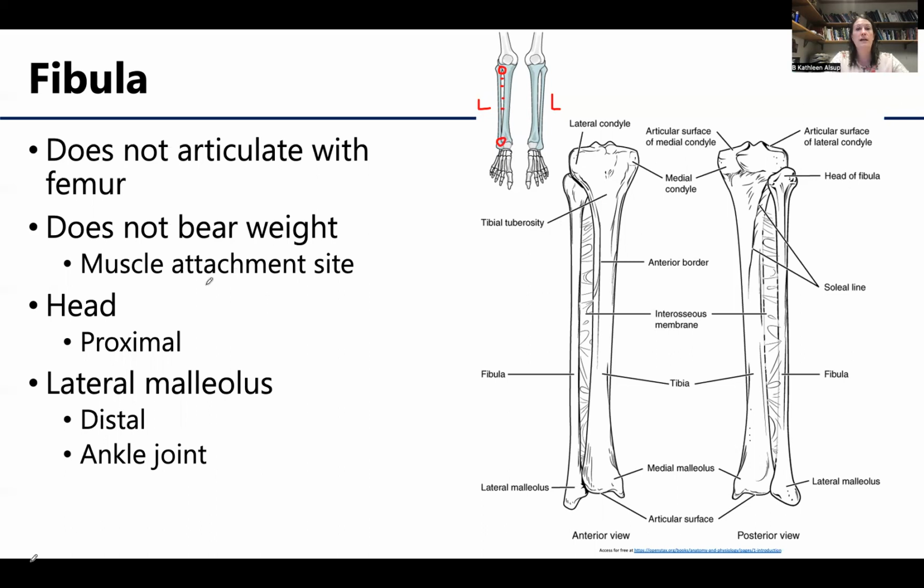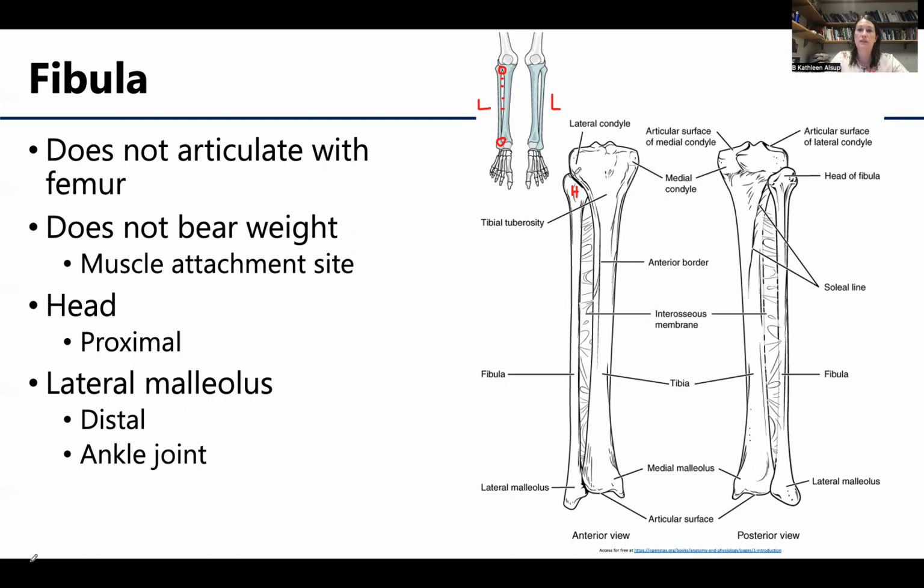This is going to be a bone that has considerable muscles attaching here. So a lot of the structure and the shape of the bone really has a lot to do with the muscle attachment sites. You are going to have a head, which is typically the widest region of the bone, but not particularly wide really in comparison to other bones. So here's your head.